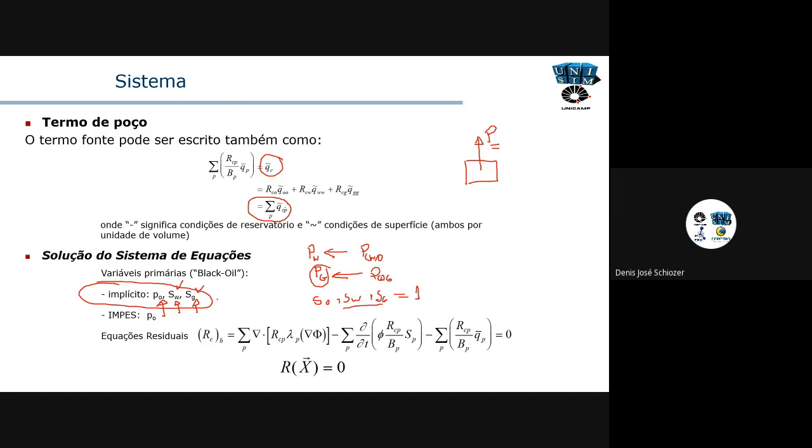So we don't have to solve the equations for 6 variables. We just solve the equations for 3 variables, and the others we can calculate from these 3. From this point on, we are going to treat all the equations as having these 3 unknowns, okay?